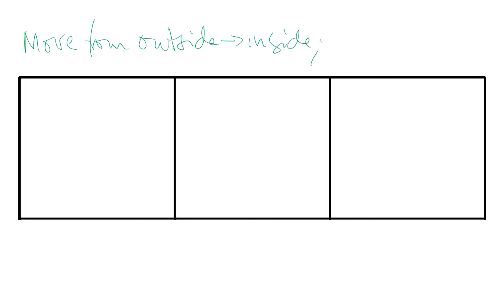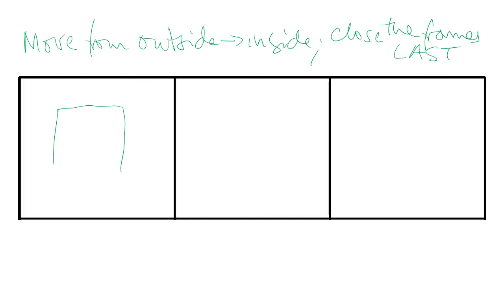Rule number 6 says, move from the outside to the inside, and close the frames last. This is an important one. So, for instance, here we have this one, and you can see there's an open frame, there's another open frame, shut this frame, shut this frame.